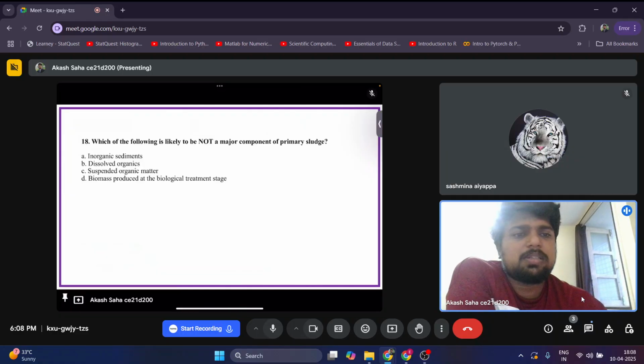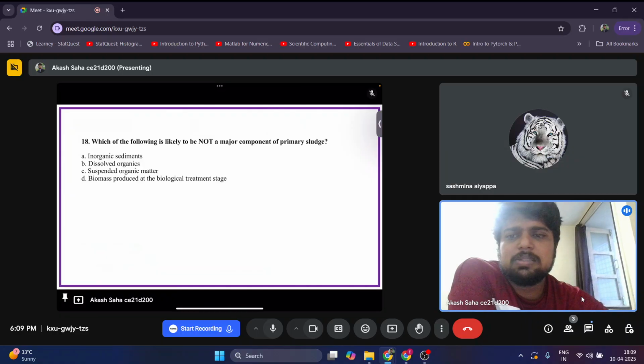Basically in primary sludge, all the comparatively heavier, inorganic particles will get removed in the sludge. So it will have inorganic sediments definitely, and some part of suspended organic matter which are heavier in size will also be a part of primary sludge, but biomass produced generally will not be a part of the primary sludge unless it is returned to it.